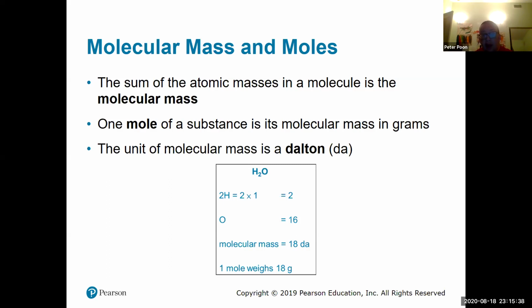So the molecular mass of water is 18 daltons. Another way of expressing that: 1 mole is 6.02 times 10 to the 23rd. You have to remember that number. 1 mole of a substance is its molecular mass in grams. So 1 mole of water weighs exactly 18 grams.